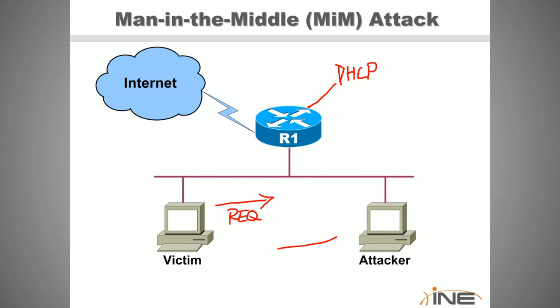If the attacker sends out a reply, it's highly likely that the attacker's reply is going to get back to the victim before the legitimate server's reply is, because we simply have less latency to go over the same local VLAN than we do to route possibly multiple hops or even possibly over the WAN to get to some sort of centralized DHCP server. So now we need to figure out a way not only to make sure that there's only one binding per host, we need to make sure that illegitimate replies are now denied. And DHCP snooping is going to do both of these for us.